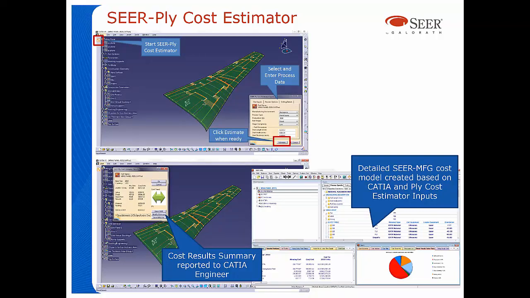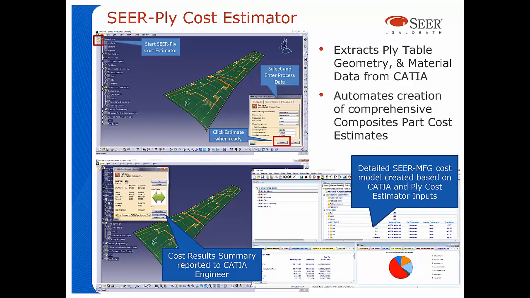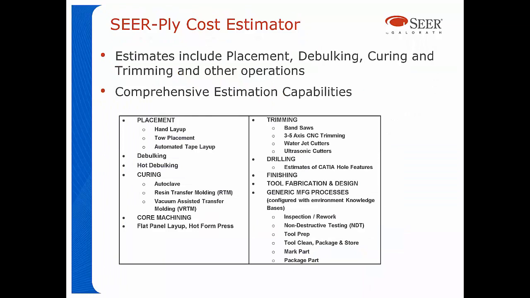At that time, we extract all the ply table geometry and material data from CATIA, and it essentially automates the creation of the composite part cost estimate. The estimate itself will include placement, debulking, curing, trimming, drilling, and other operations such as NDT, finishing, and so on. A more detailed list of the operations is listed below.